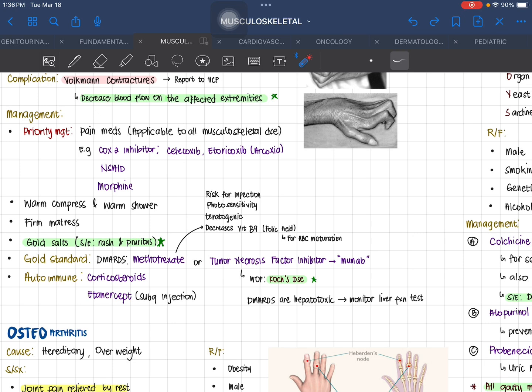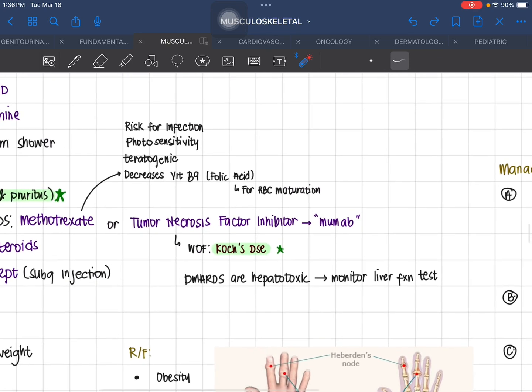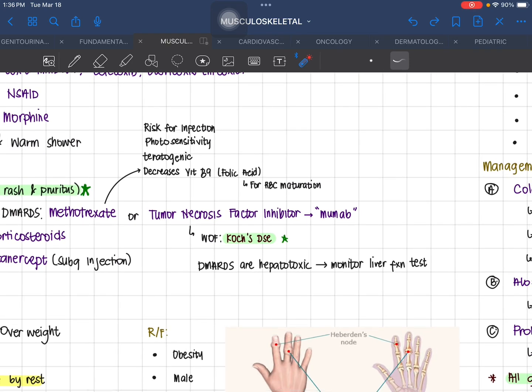Ito yung mga MUMAB. Pero, kailangan natin i-watch out for Cox disease o TB. Kapag ikaw ay nag-take ng tumor necrosis factor inhibitor o yung mga MUMAB, kailangan mong i-watch out si patient for Cox disease o TB.